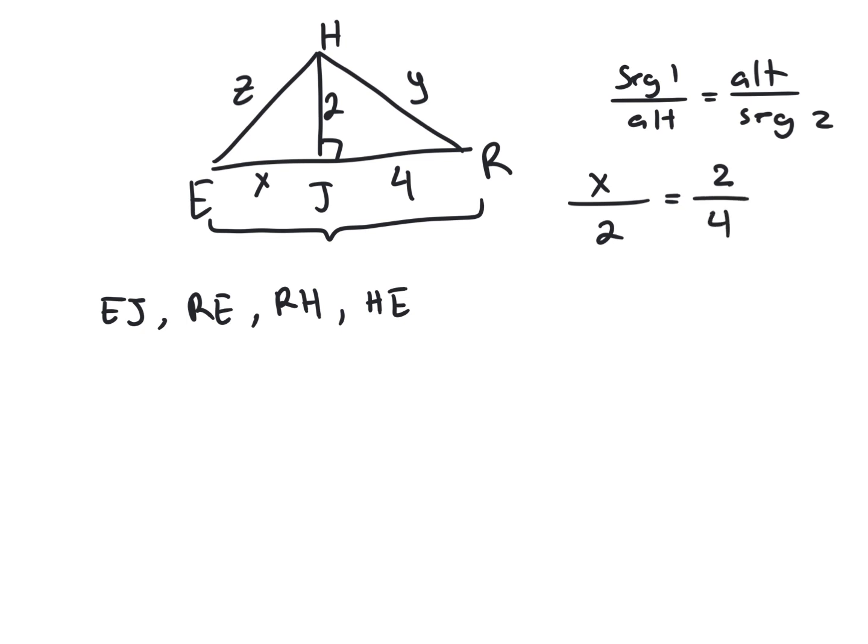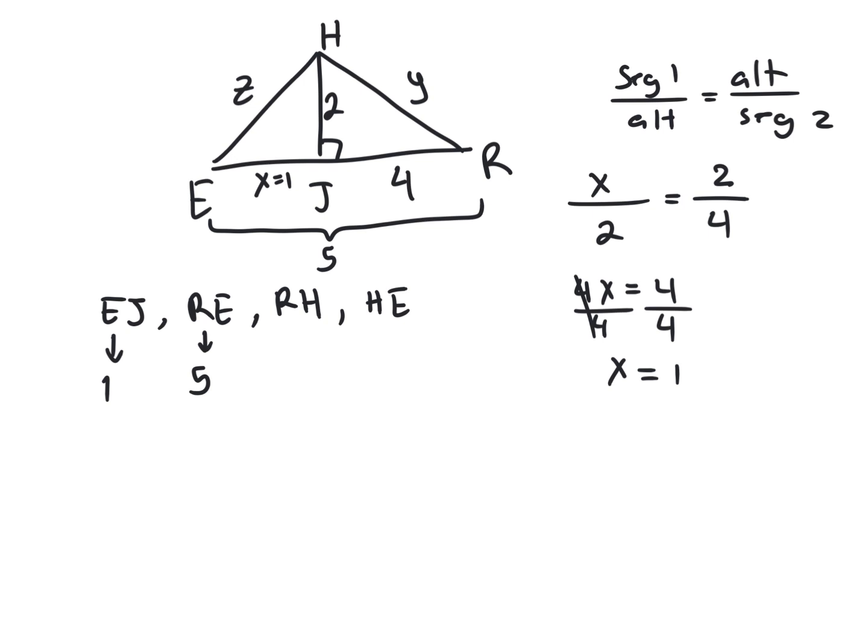I'm going to cross simplify, and I get 4x is equal to 4. Then I divide by 4 on both sides, and I get that x is equal to 1. So EJ is just 1. I'm able to find RE because it's just going to be 4 plus 1, so RE is 5.